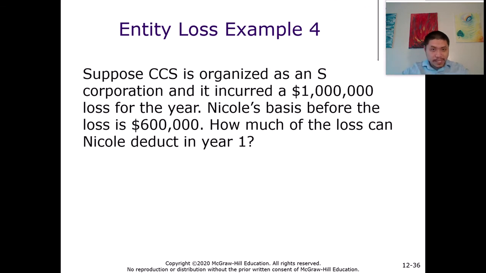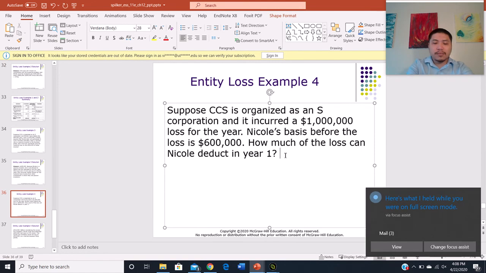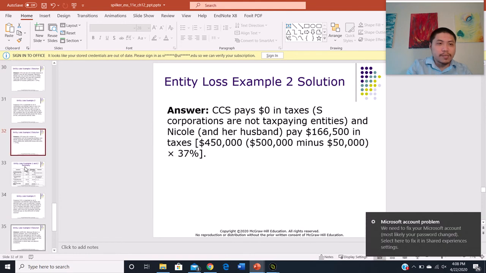It says suppose that CCS is organized as an S corp and incurs a $1 million loss for the year, and Nicole's basis for the loss is $600,000. How much of the loss can Nicole deduct in year 1? And I guess we can assume that she passed all three tests: at-risk, basis, and passive activity rules.